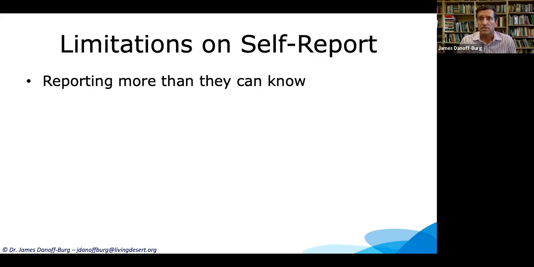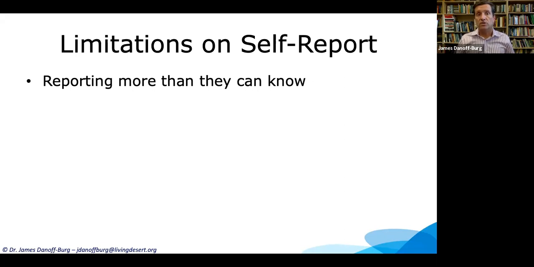As I said at the outset of our session today, there are benefits and drawbacks to every kind of data collection. Self-reporting data, people can sometimes report more information than they really know and more than they can know. So they might want to seem knowledgeable, or they might want to seem influential, and so they'll tell you more things than they really know.